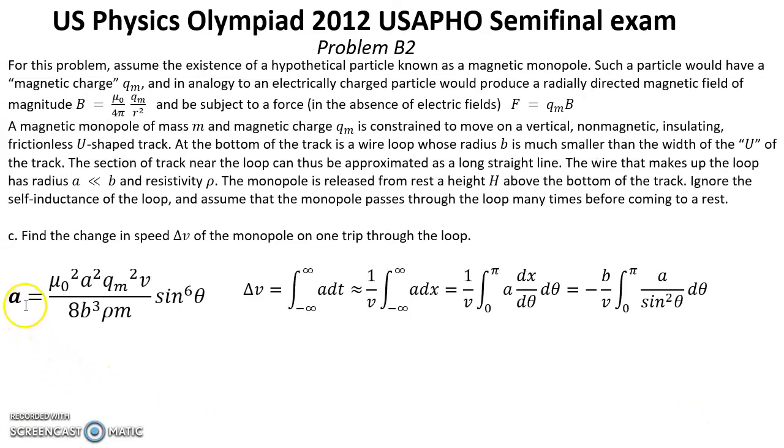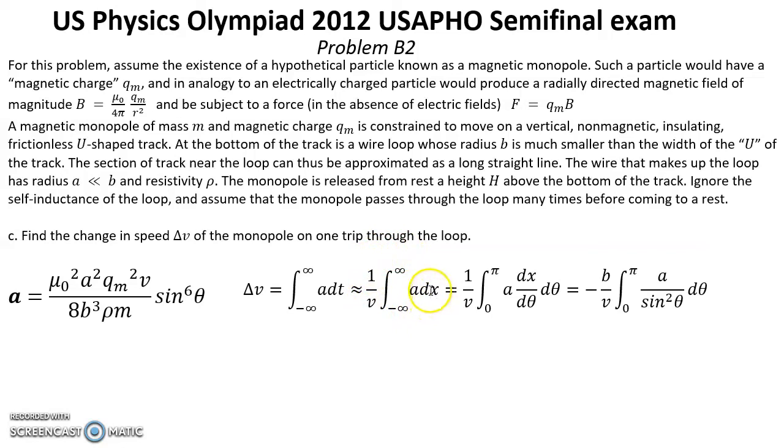Now using the expression for acceleration we can find the total change of speed. That will be the integral from negative infinity to positive infinity of acceleration multiplied by delta t. But delta t is approximately equal to dx over v. We can approximately make this expression.